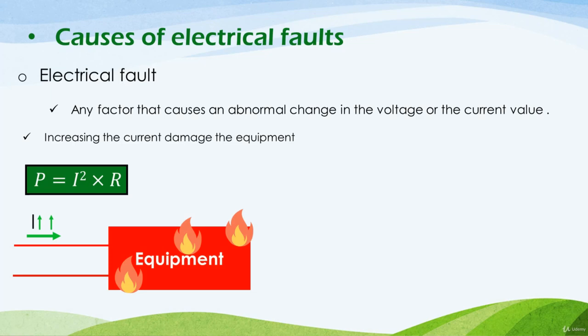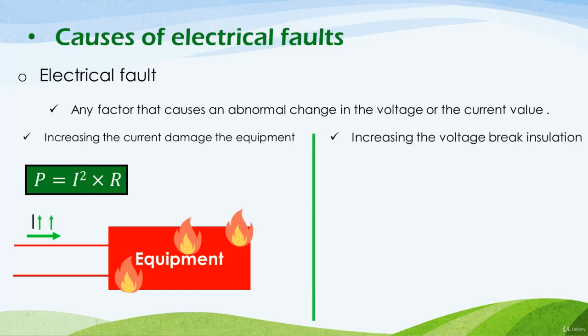But on the other hand, when there is a fault caused by a voltage increase, not a current increase, the insulation of the conductors or of the different phases will be broken. This is because there is a relation between the insulation strength and the voltage. Suppose those are two different phases that are insulated by air as a dielectric between the two phases, and suppose we have a fault condition here.